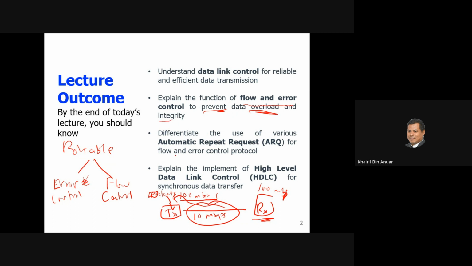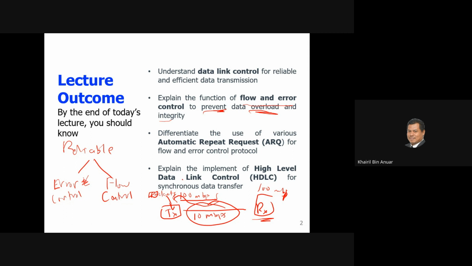Then differentiate the use of various automatic repeat requests for flow and error control. We'll see different types, like ARQ, where you use a stop and wait protocol, or perhaps we'll also see some other protocol like the sliding window protocol and so forth.